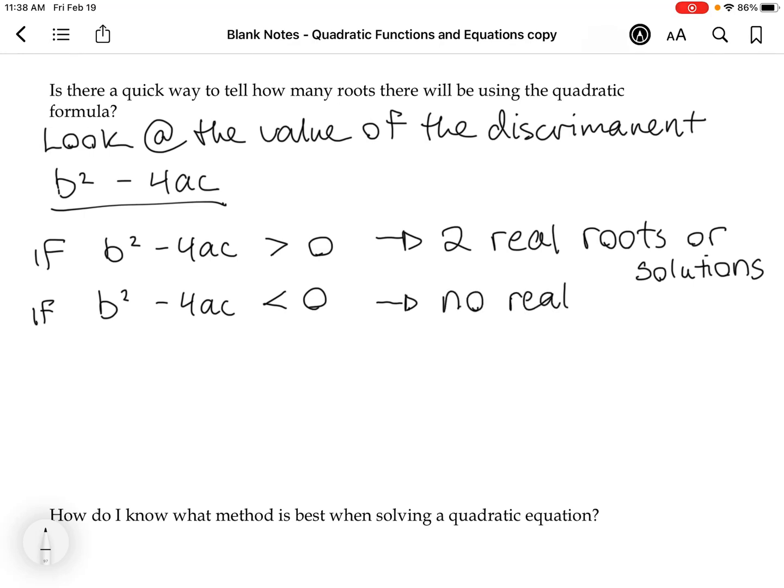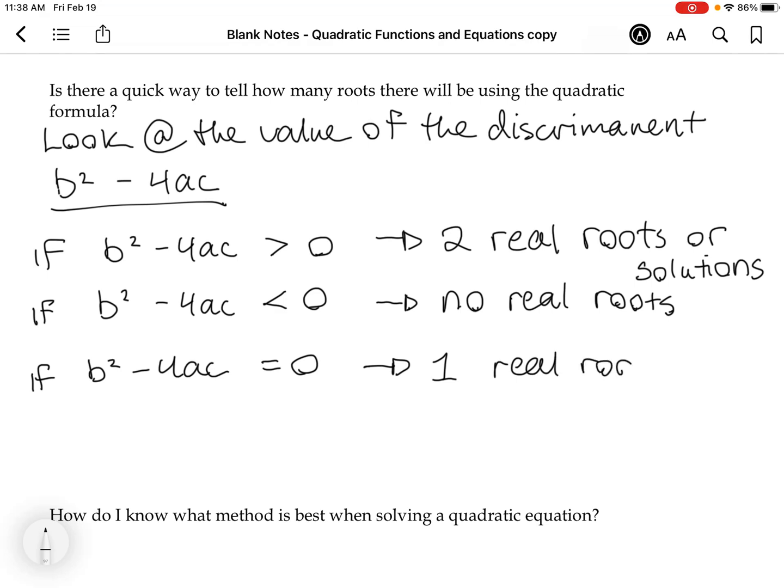And if b squared minus 4ac equals 0, we're going to have one real root. Okay? So that's a nice algebraic way to tell how many roots you will have to a quadratic equation without having to graph the corresponding function.